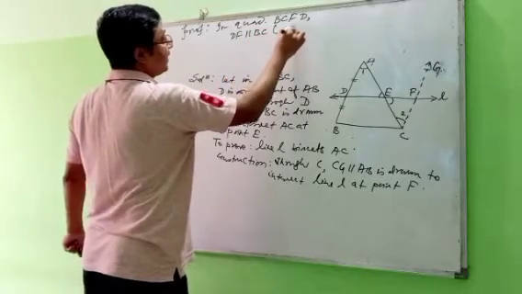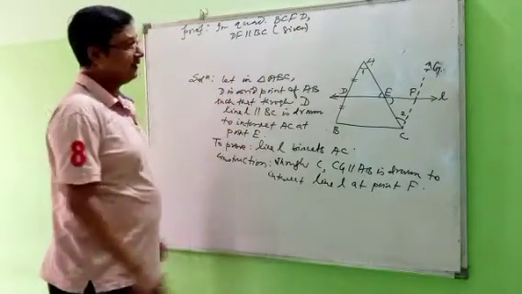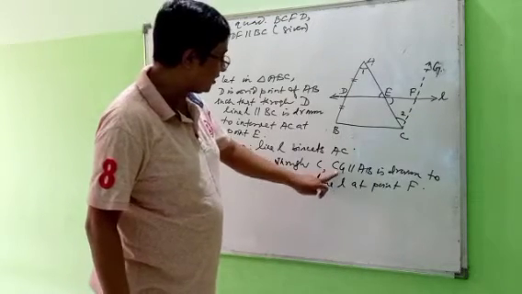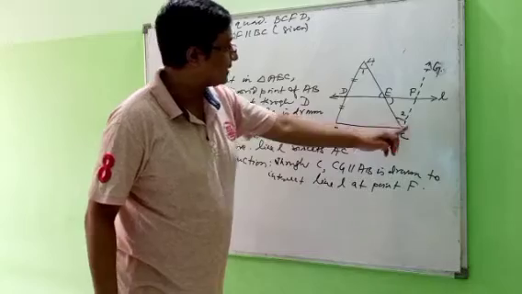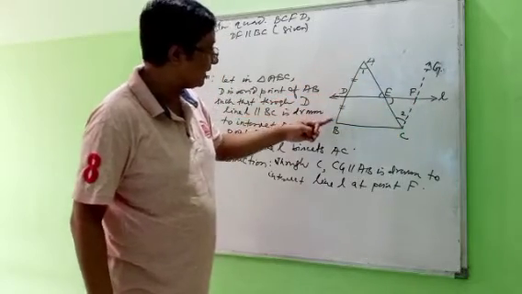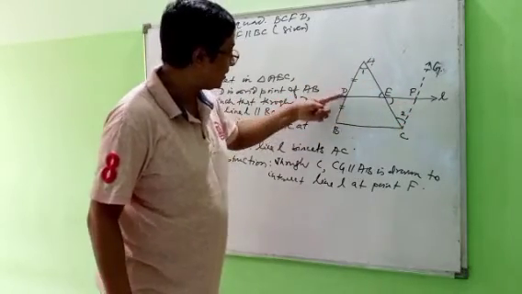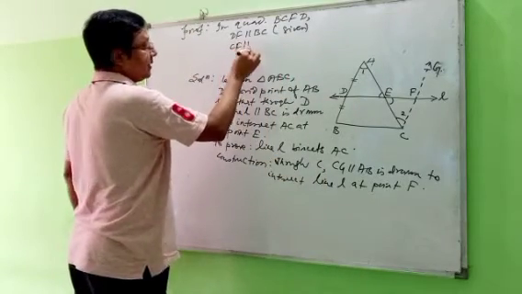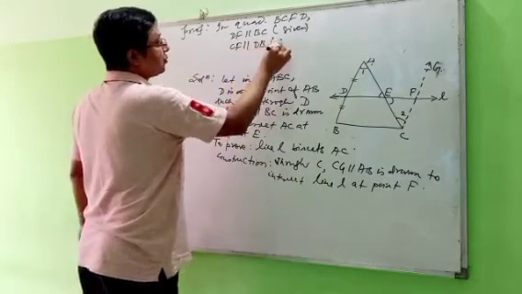And through the construction, you have shown that CG is parallel to AB, which means CF is parallel to DB.